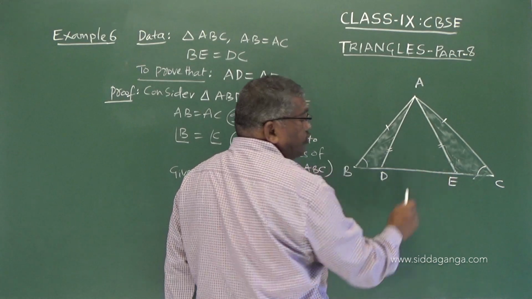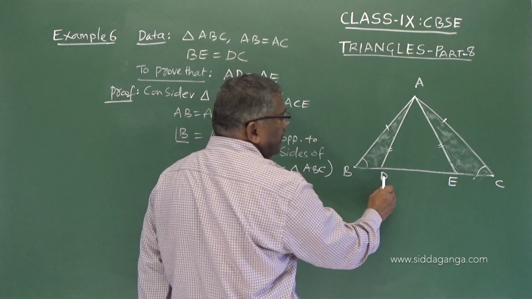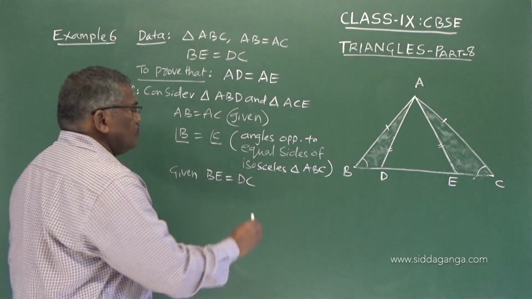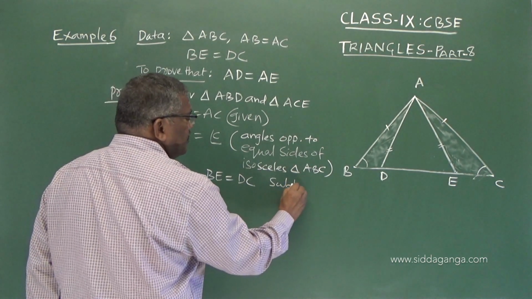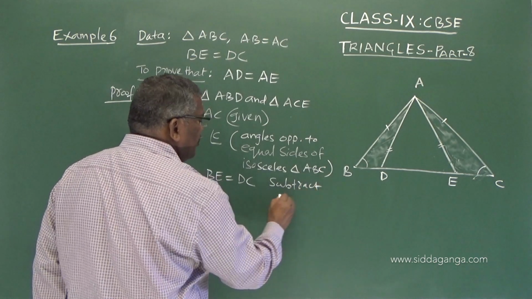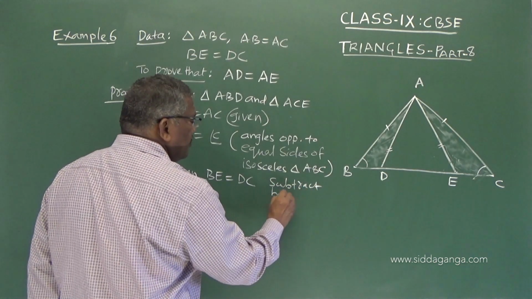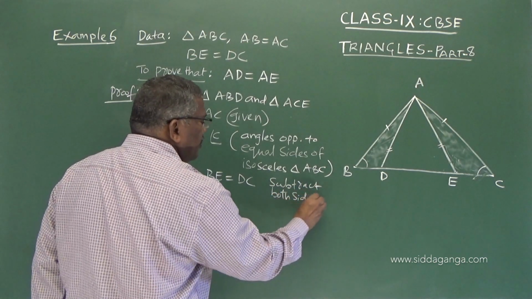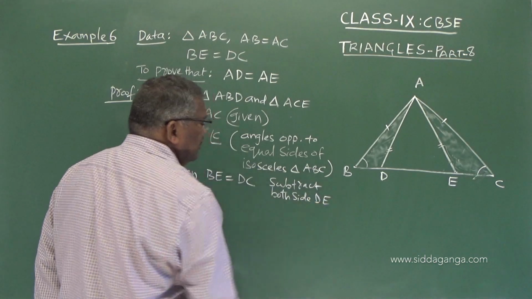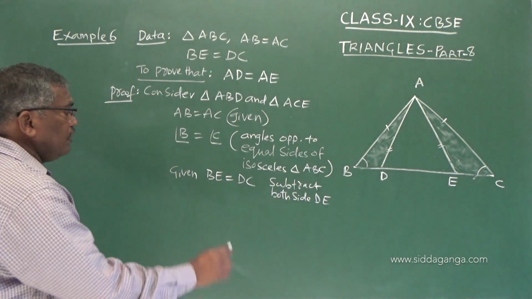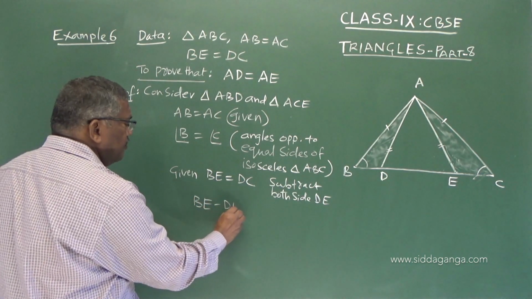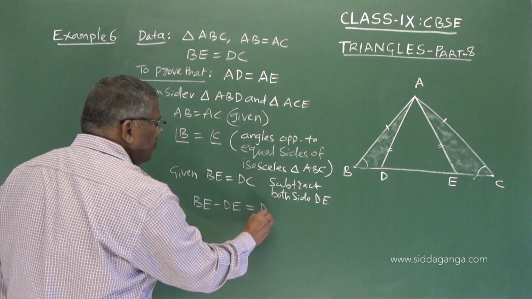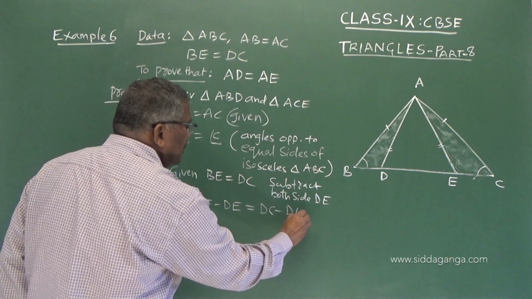So, from that you deduct both sides DE, subtract both sides DE. So, if you do that, what happens? BE minus DE is equal to DC minus DE.